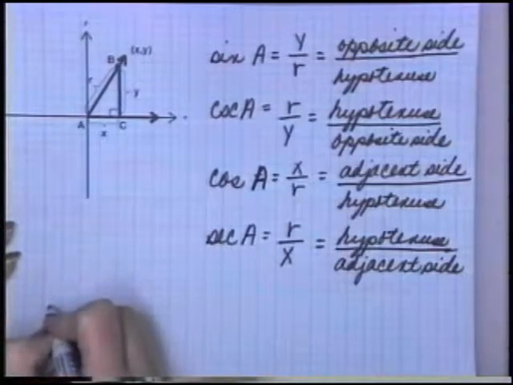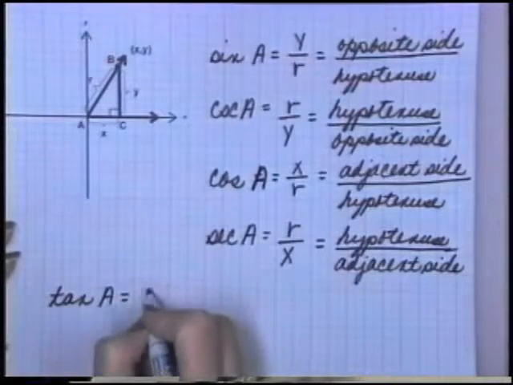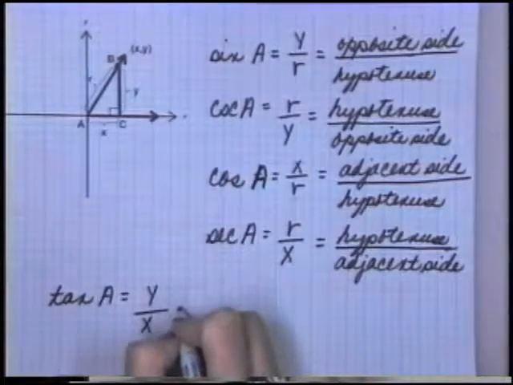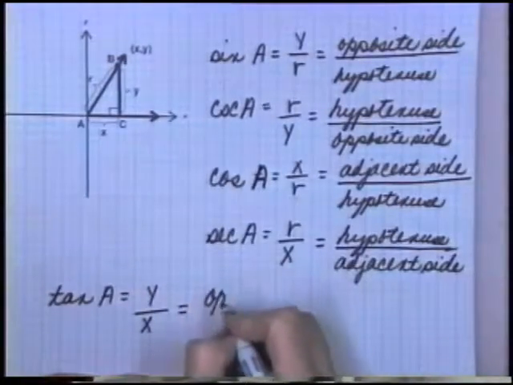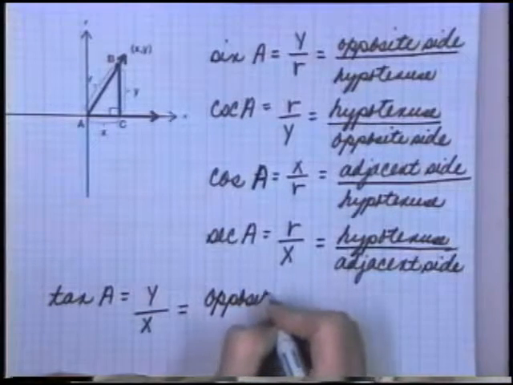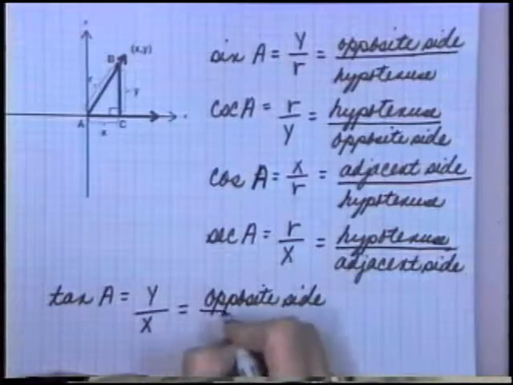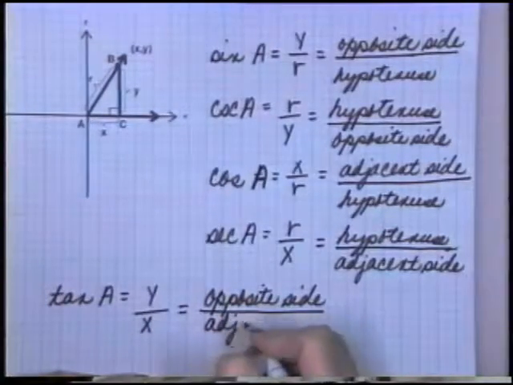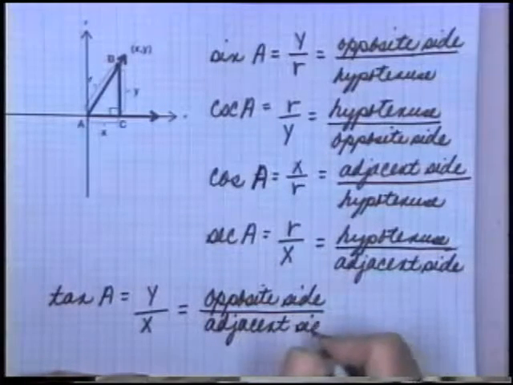For the tangent of angle A, that equals y divided by x, where y is the opposite side, divided by x, which is the adjacent side.